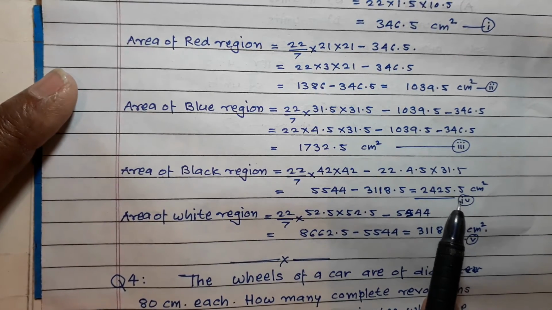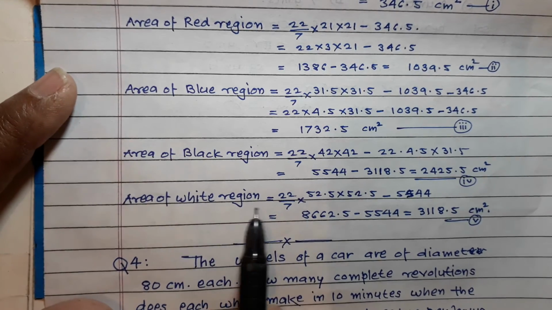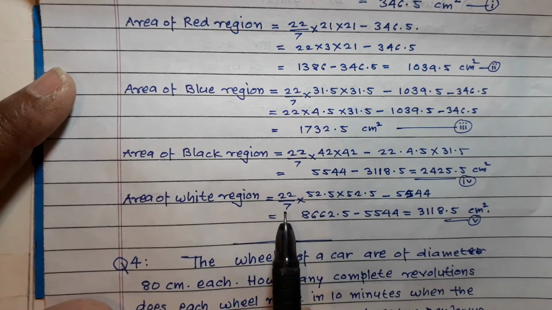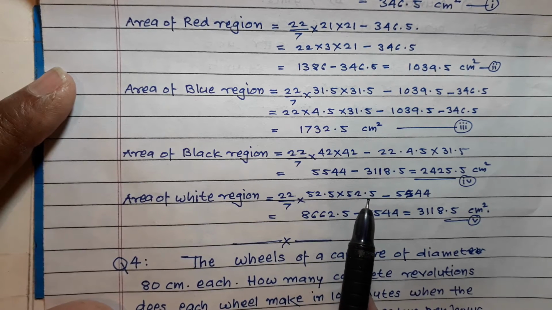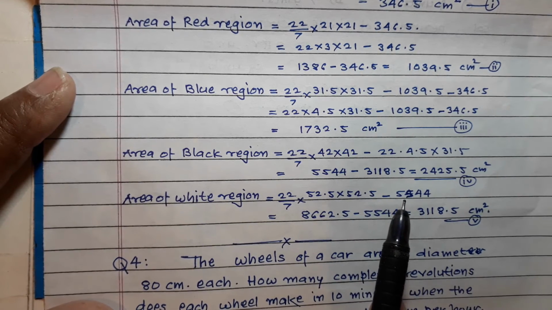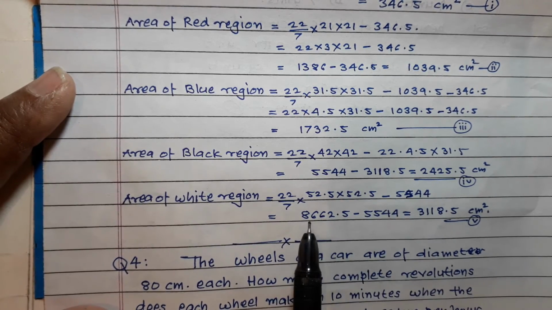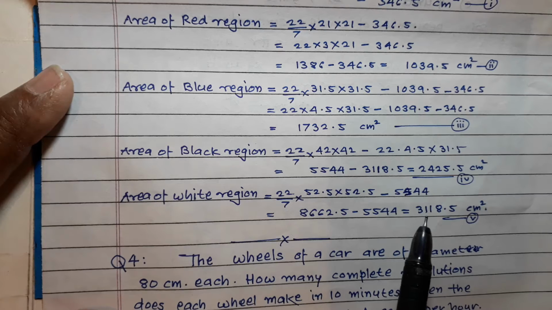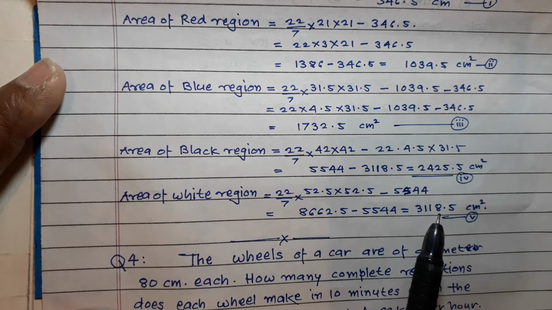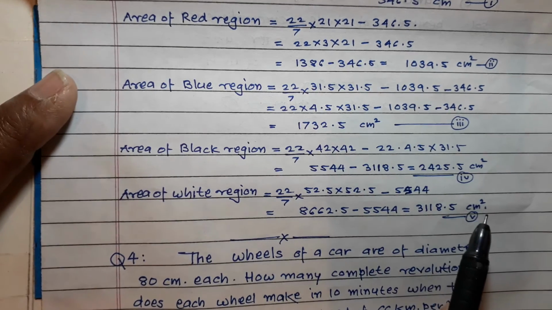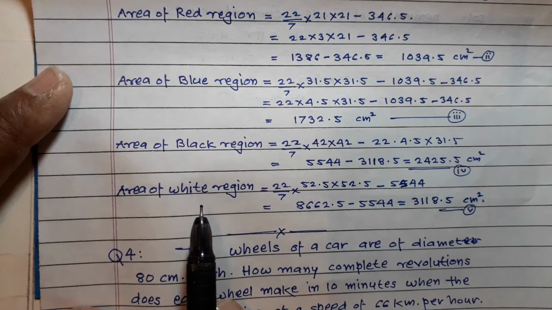This is the area of the black region. And area of white region is equal to 22 upon 7 into 52.5 into 52.5 minus 5544. If you simplify this, you will get 3118.5 cm square. So this is the area of the white region.